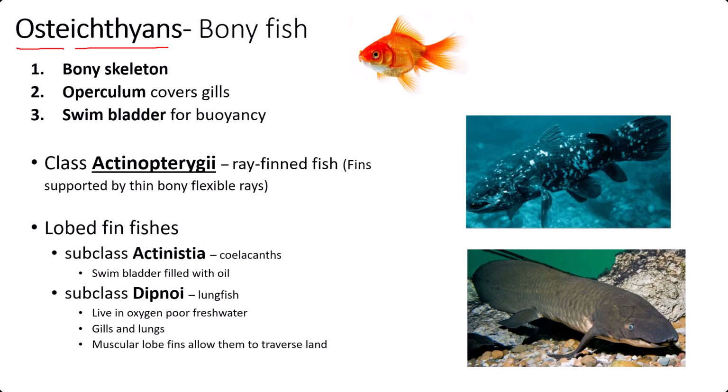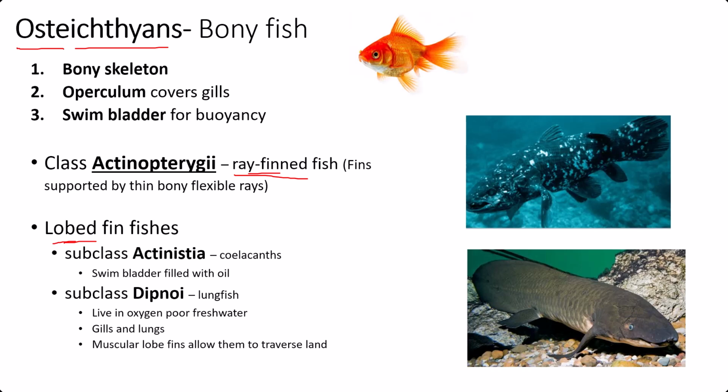They have a swim bladder for buoyancy, and this includes the ray-finned fish, which is the actinopterygii, and the lobe-finned fish, which includes subclasses Tenistia and Diponi. But big takeaway here, ray-finned fish, lobe-finned fish.